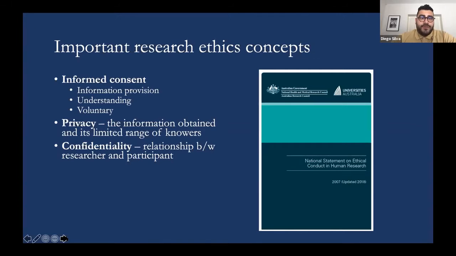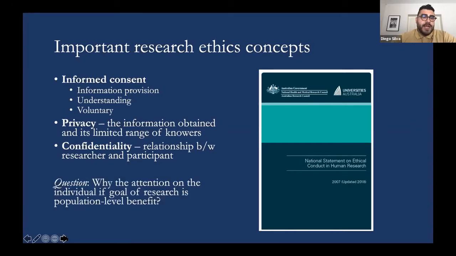So if these are three of the main things that we talk about a lot in the context of research ethics, the one question that might come up is, why is there so much attention on the individual if the goal of research is a population level benefit, right? So a moment ago we said, obviously, you're conducting research in part to share knowledge of some kind of generalizability.